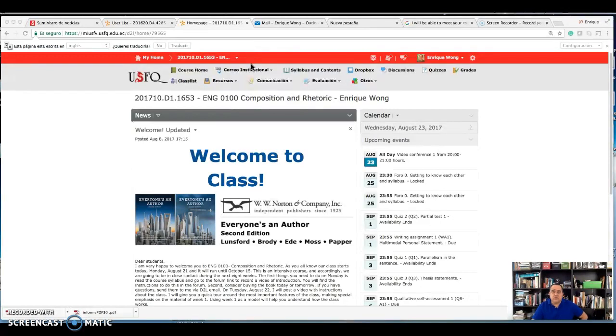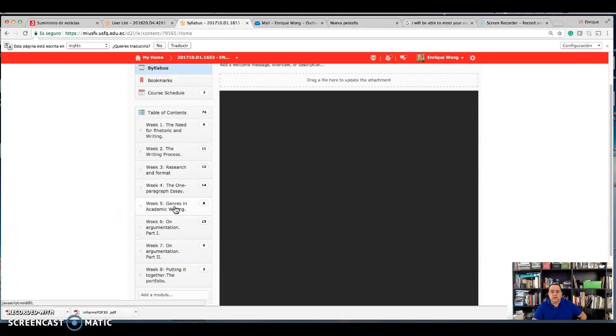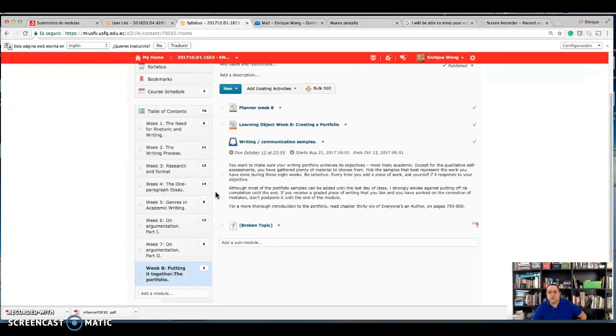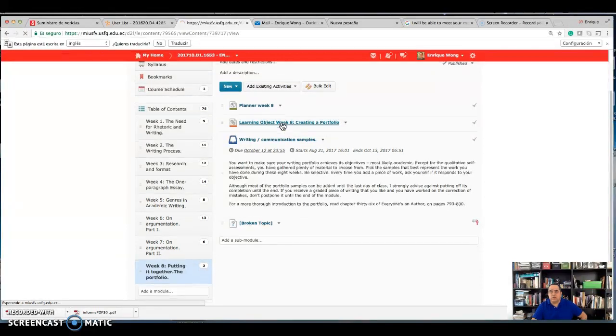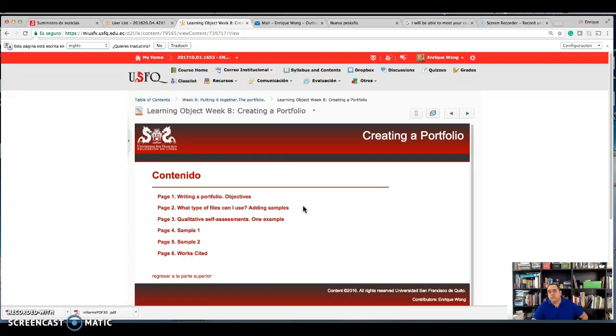If you want to find information about the portfolio, it's important that you come here to the syllabus and contents section of the class, and here in week 8, under putting it together, you have a resource, a learning object, by the name of creating a portfolio. In this learning object, you have all the information that you need to know in order to put together your portfolio.